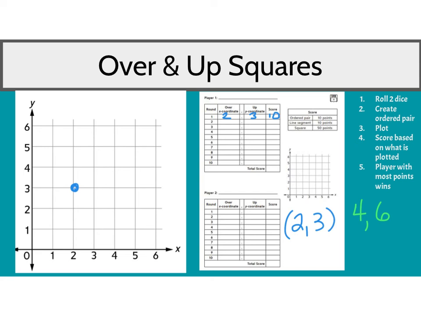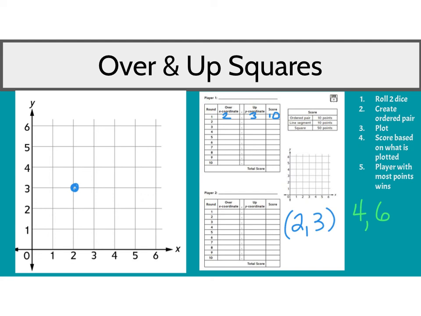So when I look at the fact that my partner rolled a 4 and a 6, I'm going to look at that coordinate grid and decide if I put my point at over 4 and up 6, is that going to help me make a square? Not really. If I do over 6 and up 4, either way, it's not going to really help me connect to what my partner did earlier.